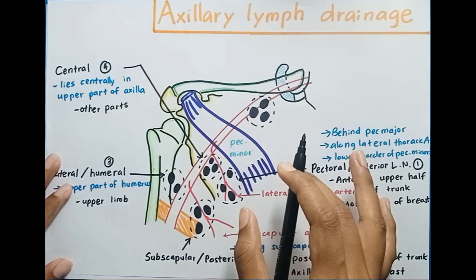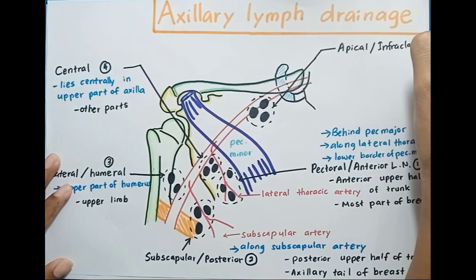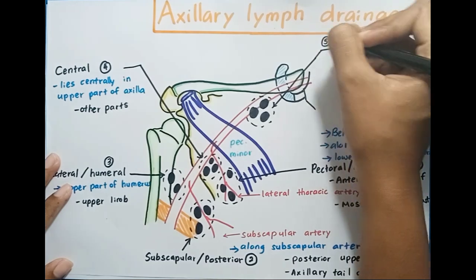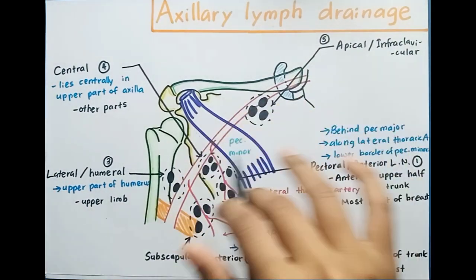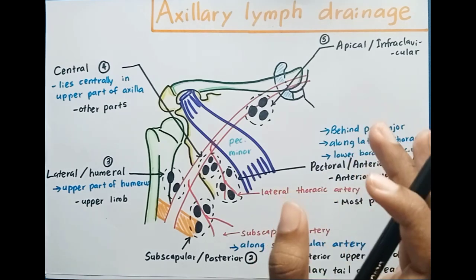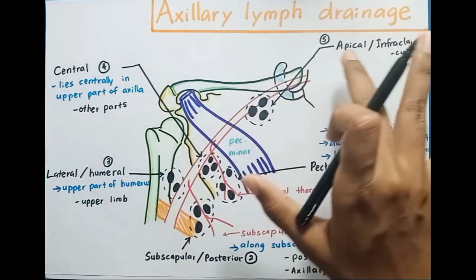This is the apical, that means the infraclavicular group. So this is the fifth group and this group is deep to the clavipectoral fascia and it's situated in the apex of axilla along the axillary vein.